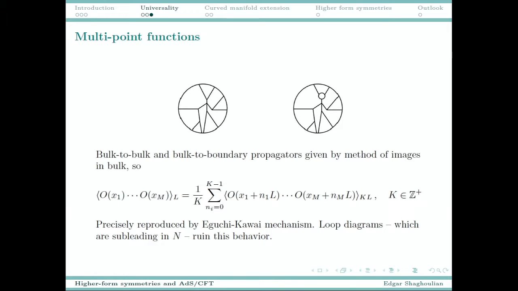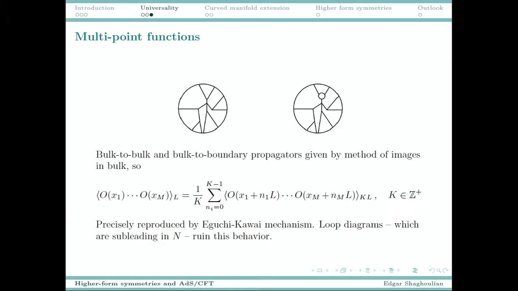Now, what about loop diagrams? Like this one. There's a loop here. These don't have any nice volume-independent property. The loop integral that you have to do messes that up. And that's consistent with Iguchi-Kawai, because Iguchi-Kawai only makes statements about leading order in N pieces of observables. Of course, all the atoms of this diagram are the same.